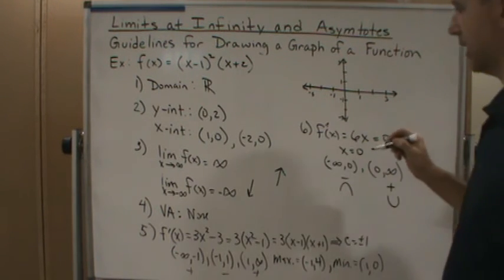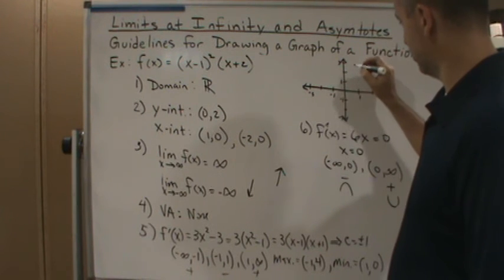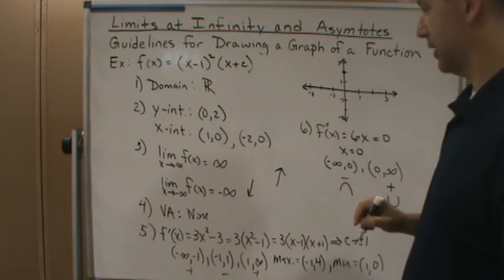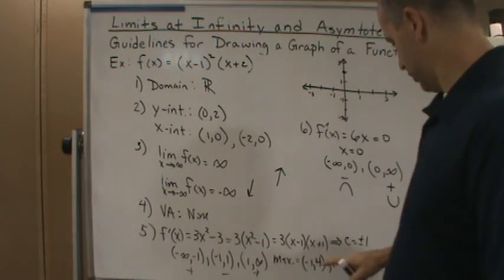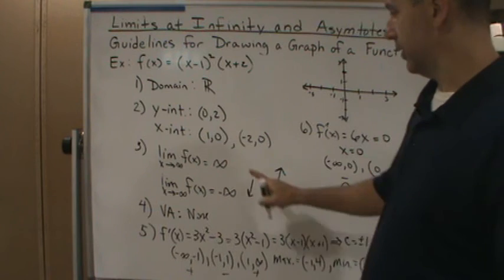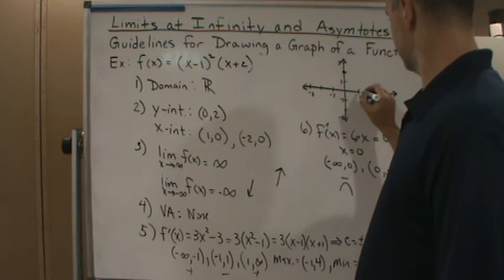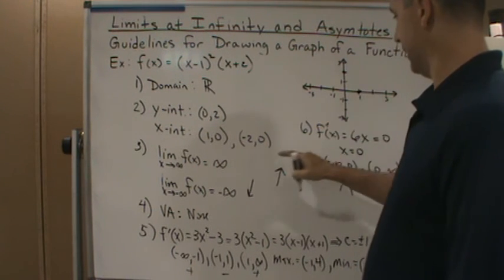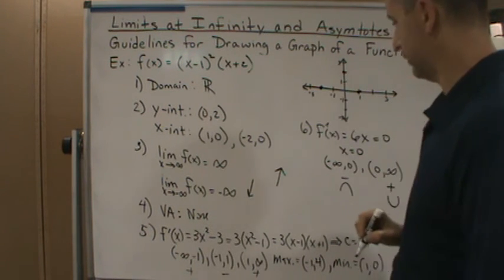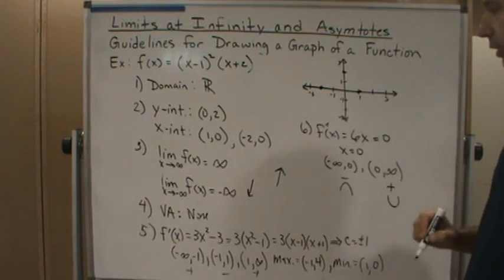So we got a y-intercept at 0, 2. We've got x-intercepts at 1, 0. Notice that there's a minimum at 1, 0. So there's an intercept at 1, 0, which is right there, and negative 2, 0, which is right there. So I've labeled all those, graphed all those.